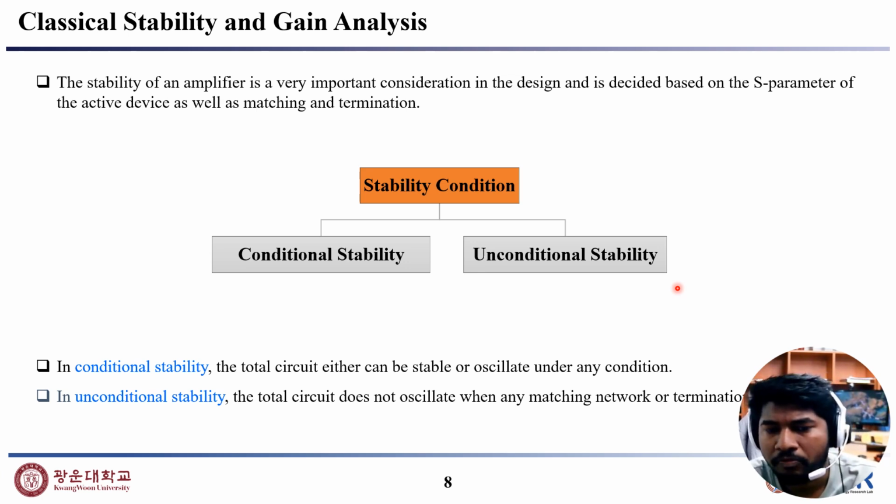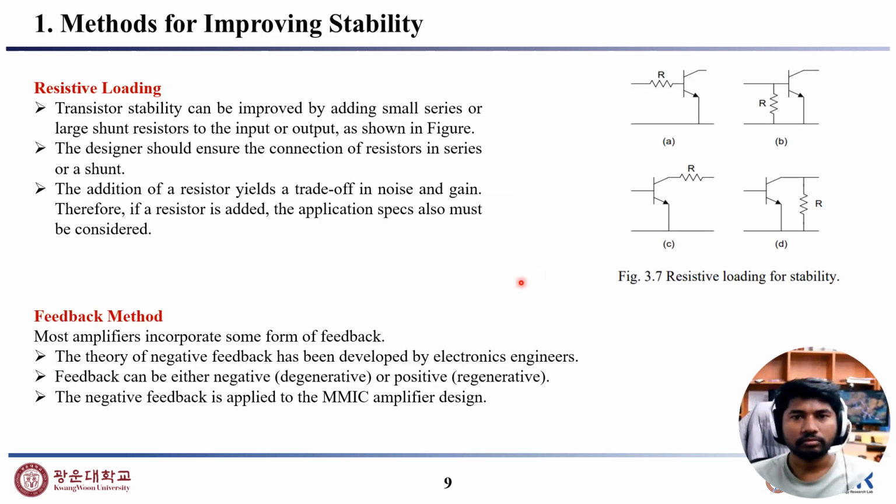In conditional stability, the total circuit can be either stable or oscillate depending on the condition. And in unconditional stability, the total circuit does not oscillate. This is the basic difference between conditional and unconditional stability.